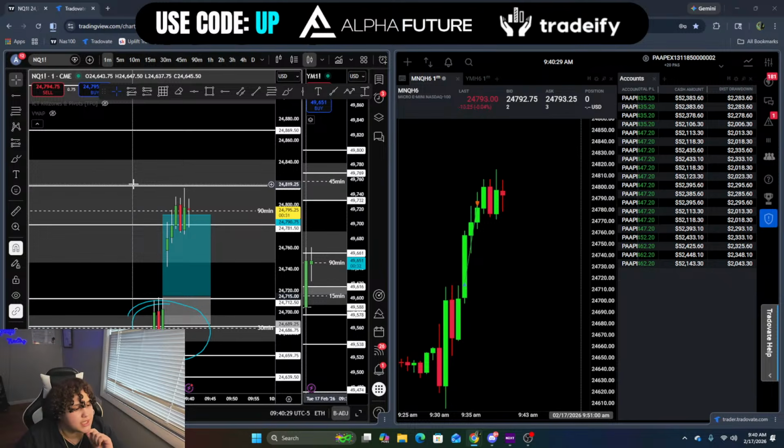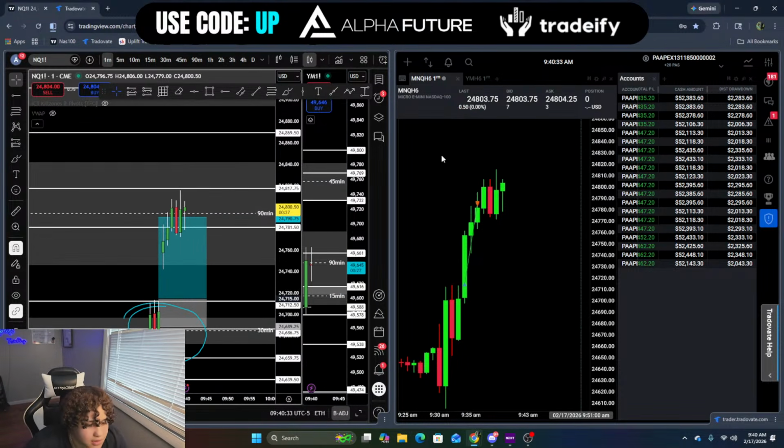If it breaks this white line above 820, then I'm gonna take it, and I'm gonna take it with low risk. But I'm already done trading my main accounts. I already caught a loss and then a 1 to 3, which is perfect.